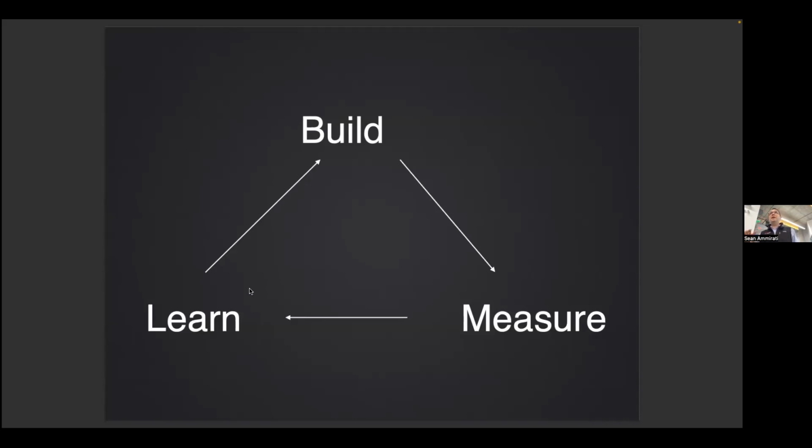They tend to think about calendar time. The punchline on mom and dad is that when mom stops believing in the startup, that's a good existential moment to think about it in general. But the point is that it tends to be measured in calendar time, not in build, measure, learn cycles.